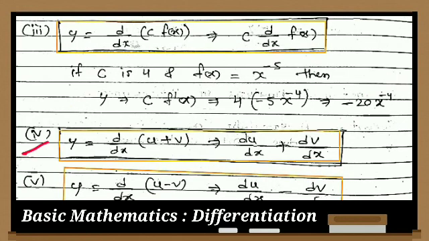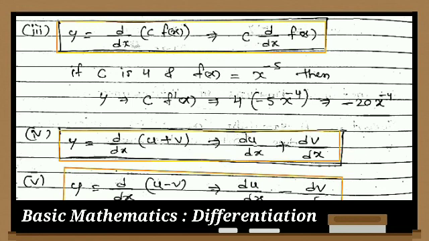Now let's see formula number 4. y equals d upon dx of u plus v. There are two terms, u and the second term v, so we can write du by dx plus dv by dx.